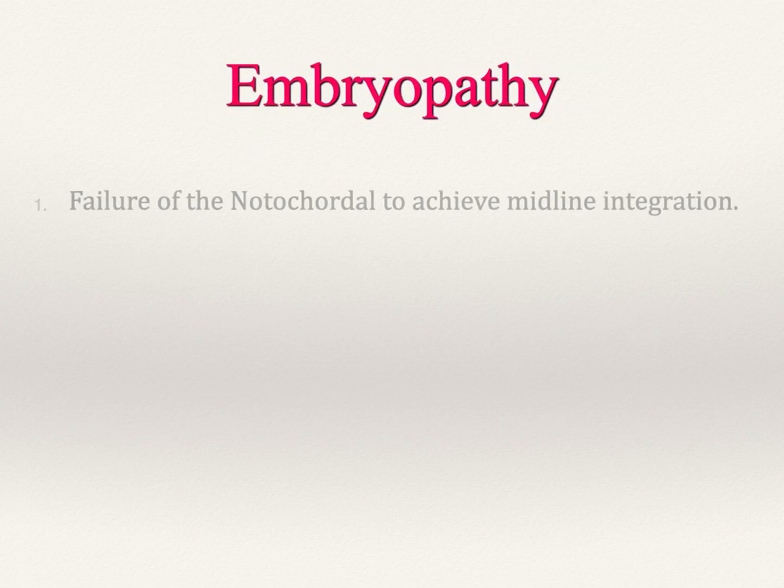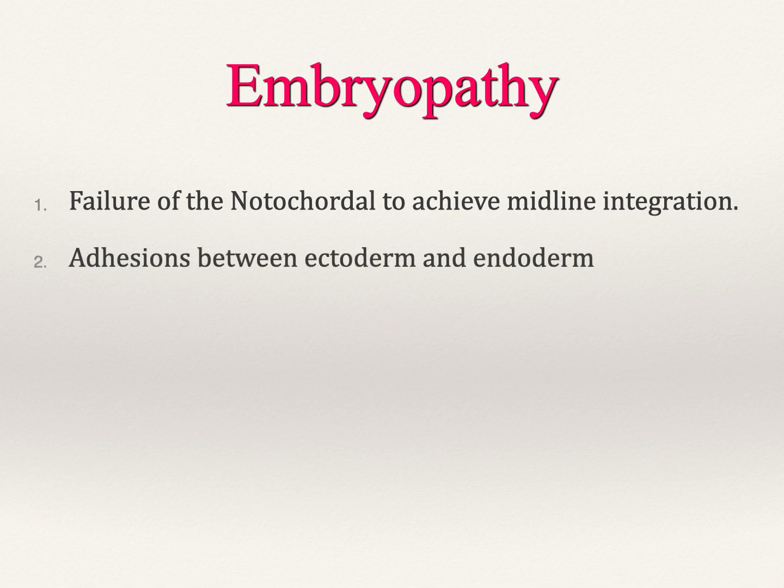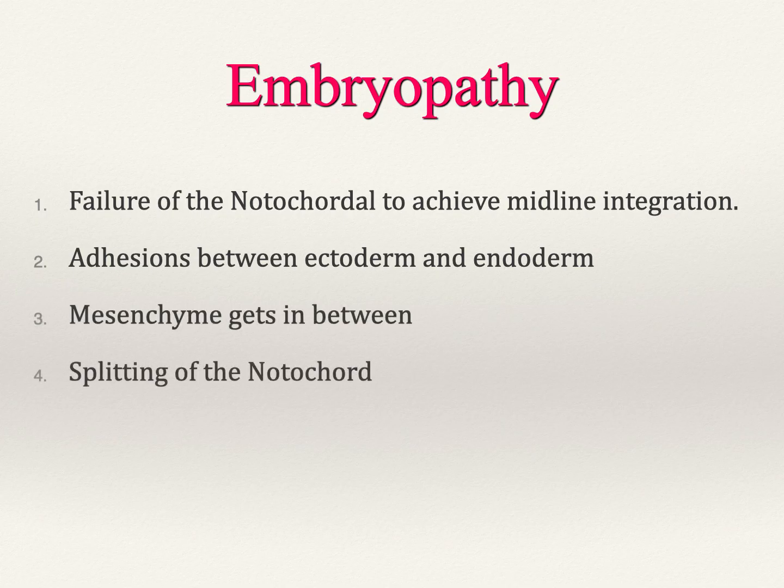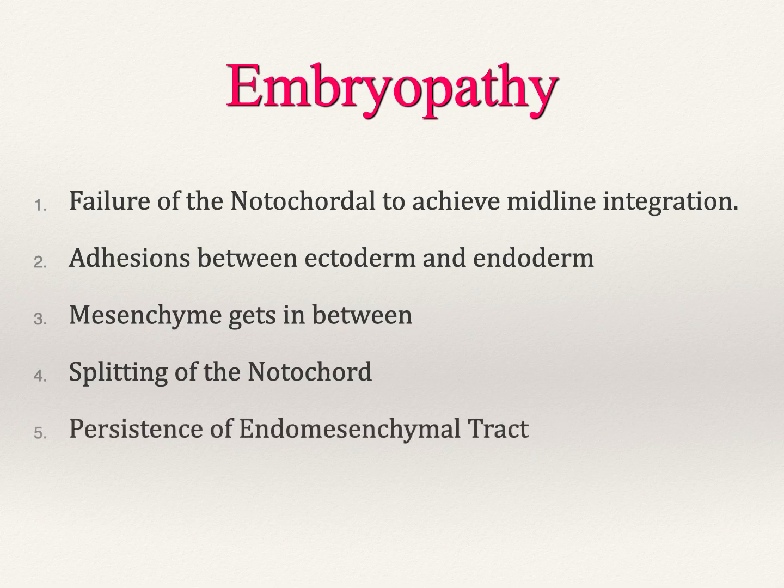So for the rest of the embryopathy, it's basically a failure of the notochord to achieve midline integration, and this results in adhesion between the ectoderm and the endoderm with an intervening mesenchyme in between. That results in splitting of the single notochord with a persistent endomesenchymal tract.